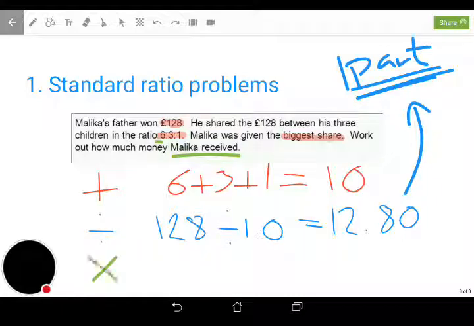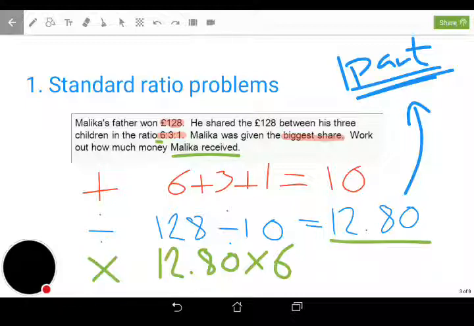So I need to times £12.80 by 6. The reason I do that is because I don't want the one part given here; I want the 6 parts that Malika actually receives. When I times that, it gives me £76.80. That's how you solve all standard ratio problems.